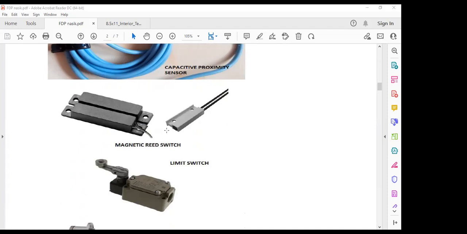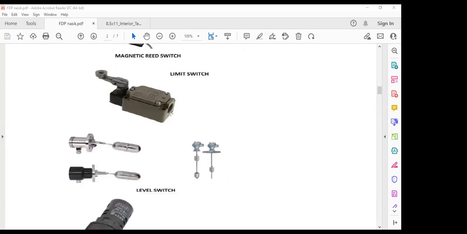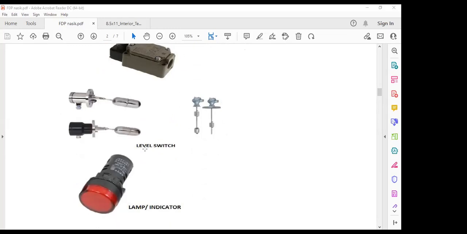You teach about hydraulic and pneumatic system. In pneumatic system, when we need to sense the position of piston, whether it is in final position or in home position, we use reed switches. I won't go in its detail, might be some other source person will tell you about this. Then you have a limit switch. We can have level switches also.